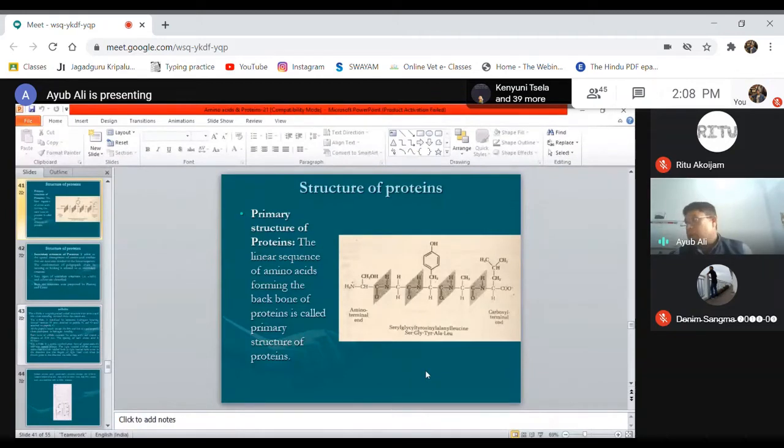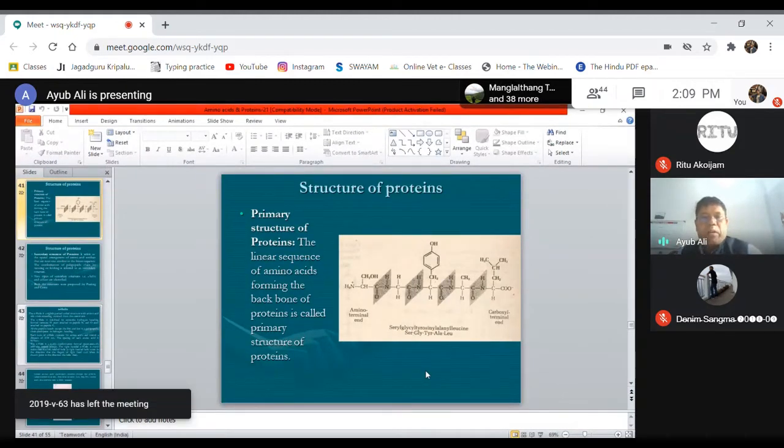So these two are the covalent bonds present in the protein structure. Then the non-covalent forces which maintain the protein structure include hydrogen bonding, hydrophobic interaction, ionic interaction, and the van der Waals forces. So these are the forces that maintain the structure of the proteins.